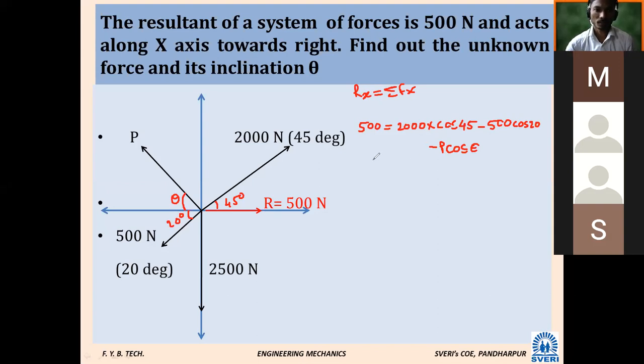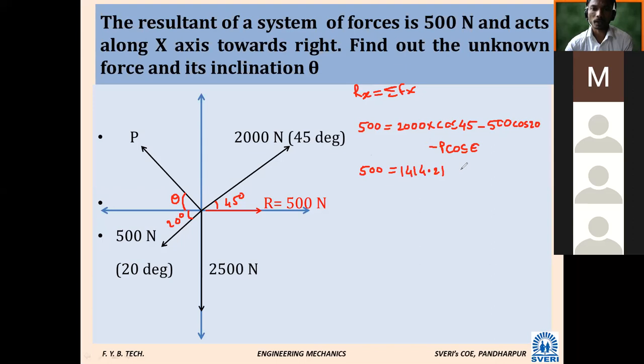Next, now you can calculate these values. So 500 is equal to, calculate 2000 into cos 45. How much is it? 1414.21.